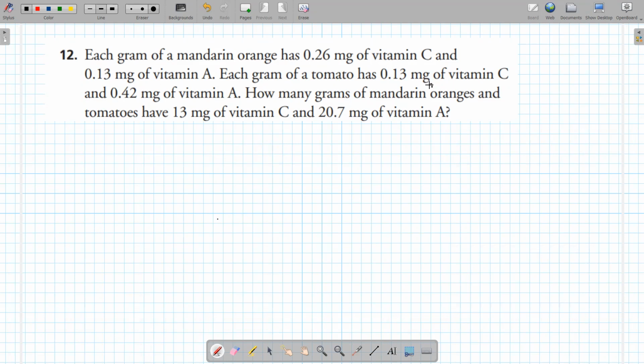So let's say X is the oranges and Y is the tomatoes. What is going to be our equation? This one is a little bit tricky.